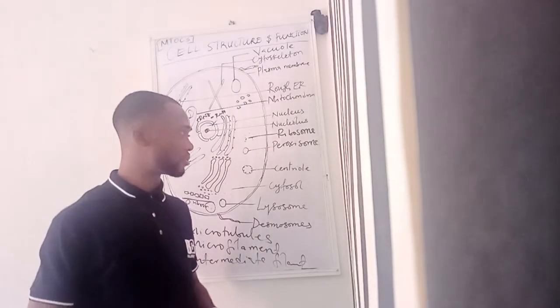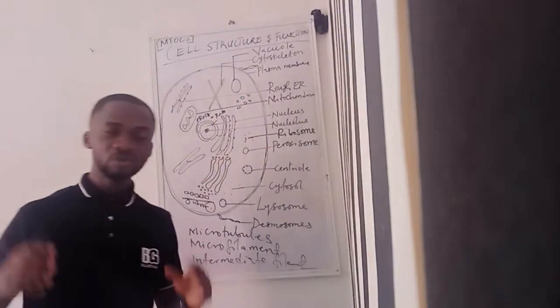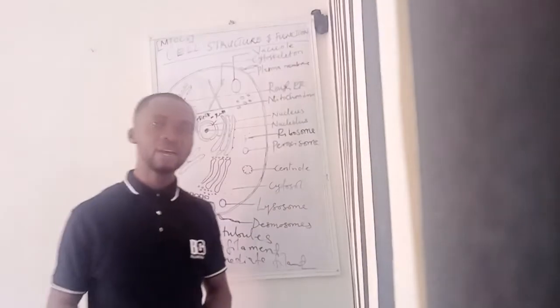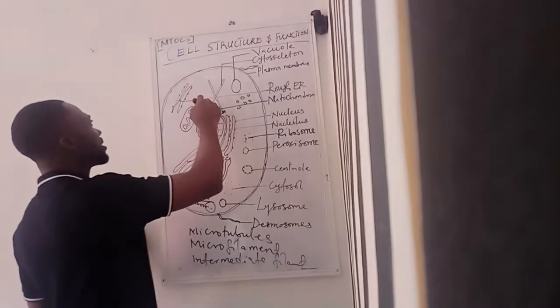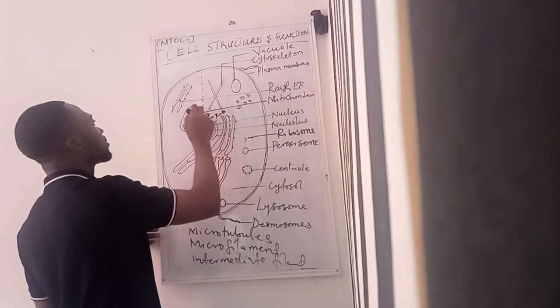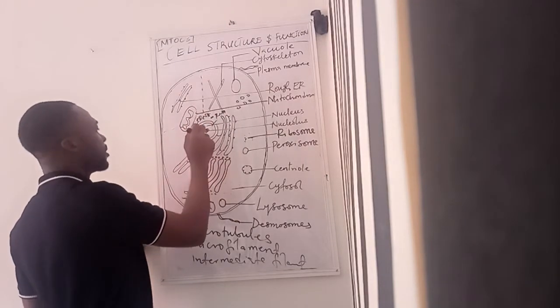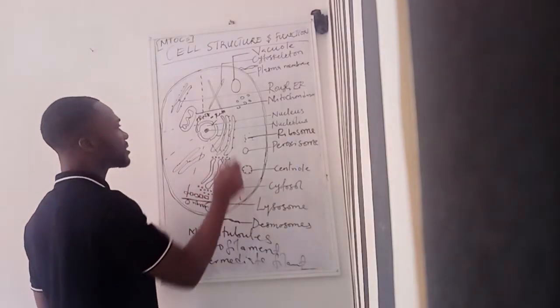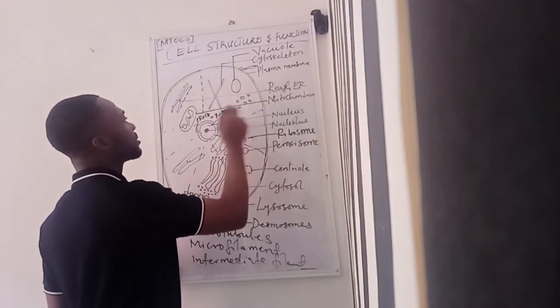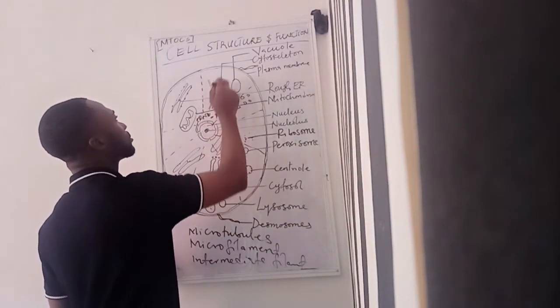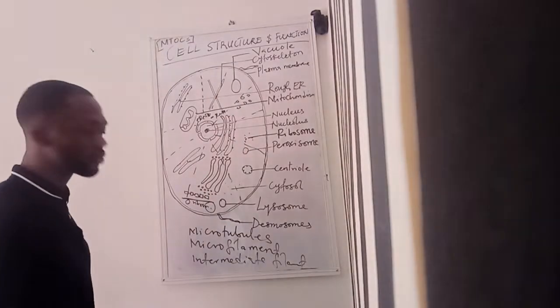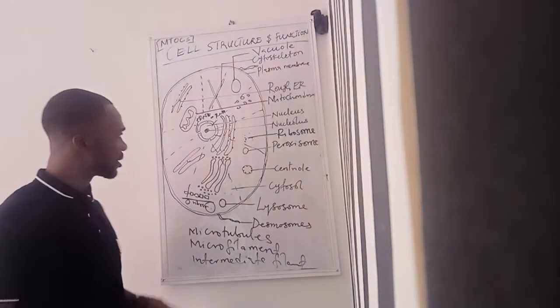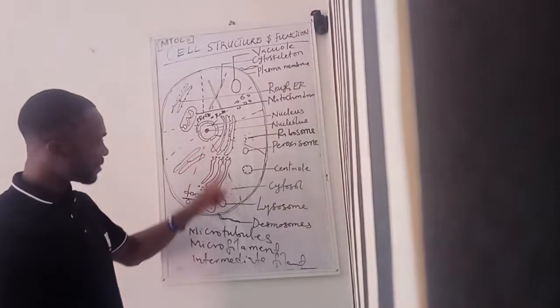For instance, the nucleus is usually found at the center of the cell. So, in essence, this nucleus has some fibers that may not be easily seen except you use instruments that will help you see them.